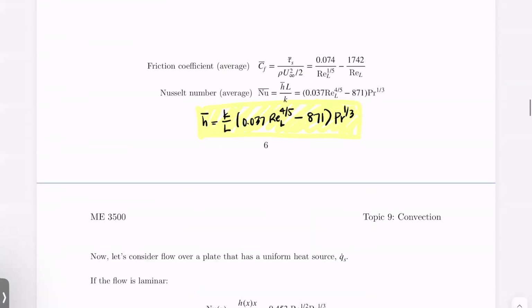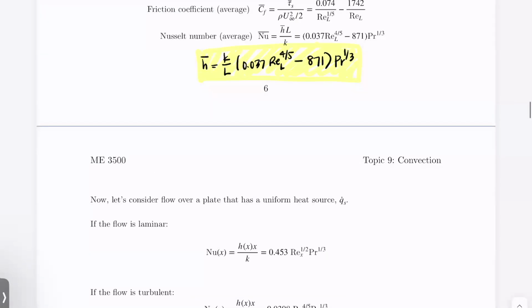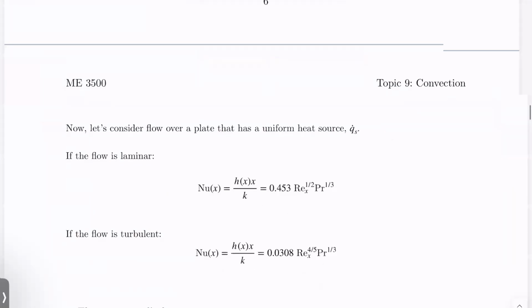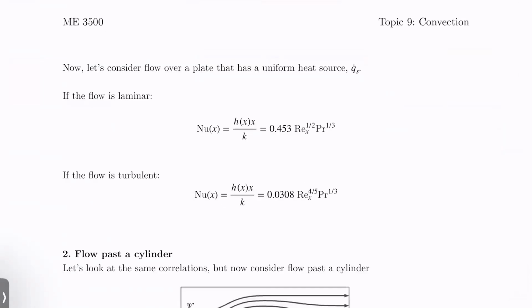So now we're going to look at a plate that has a uniform heat flux. It has a constant q dot at the surface. Just like before, we're going to break this down into whether the flow over it is laminar or turbulent.